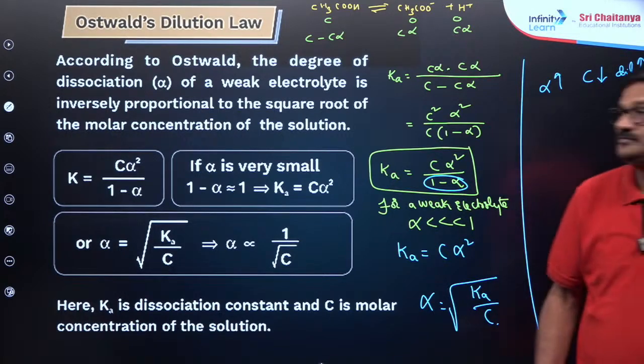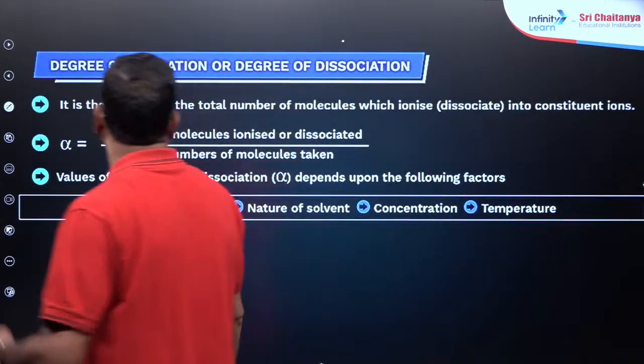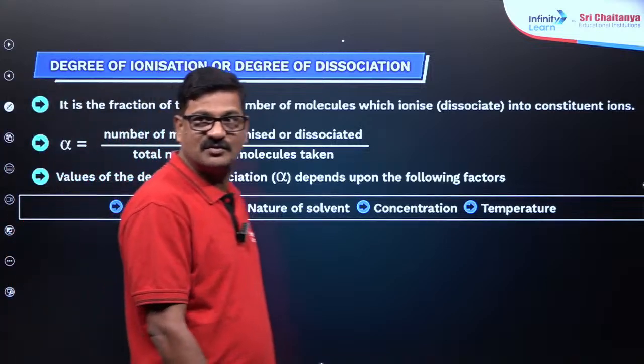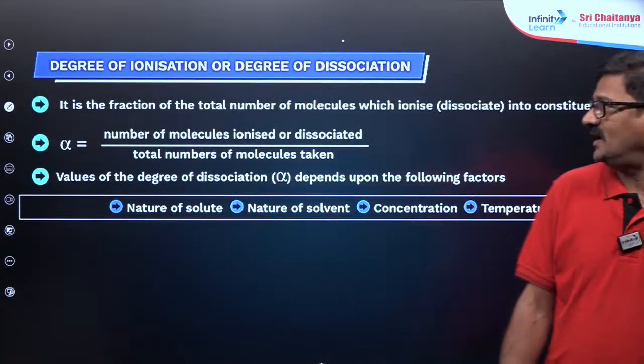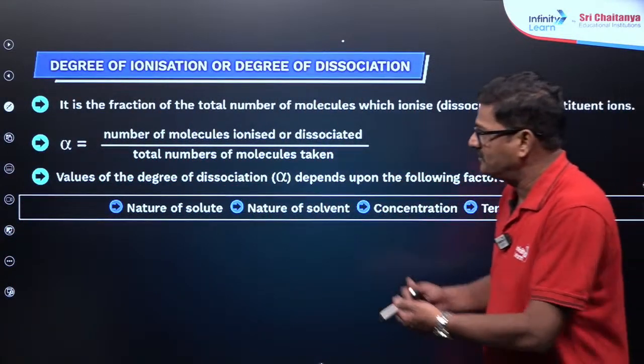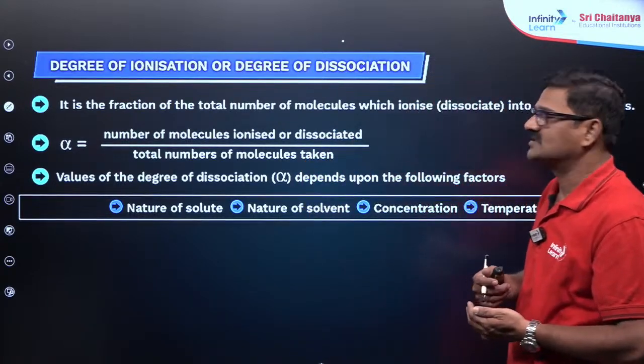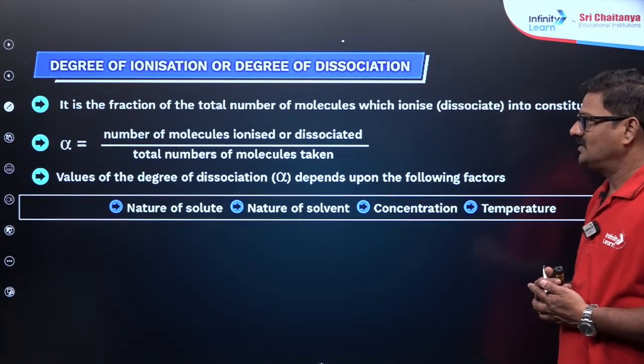Now, let's talk about the degree of ionization or degree of dissociation. We know it is the fraction of the total number of molecules which ionize or dissociate into constituent ions. And alpha is the ratio of the number of molecules that are ionized to the total number of molecules taken.